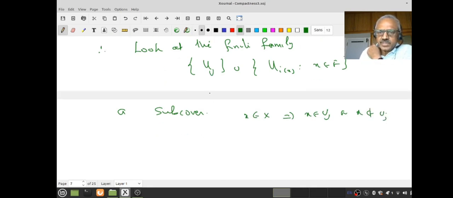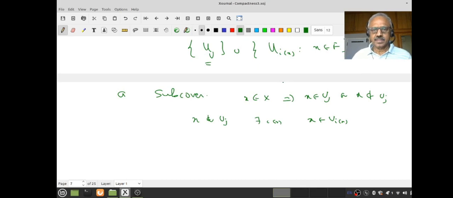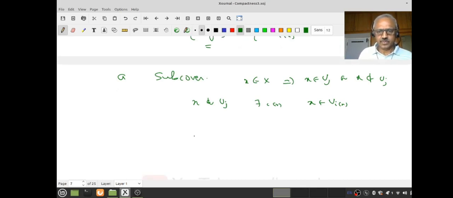If x is in U_j, then x is going to be there. If x is not in U_j, then there is an i_x so that x belongs to U_{i_x}. Therefore this finite subcollection is an open subcover. Do you understand this? So pause, review, proceed.